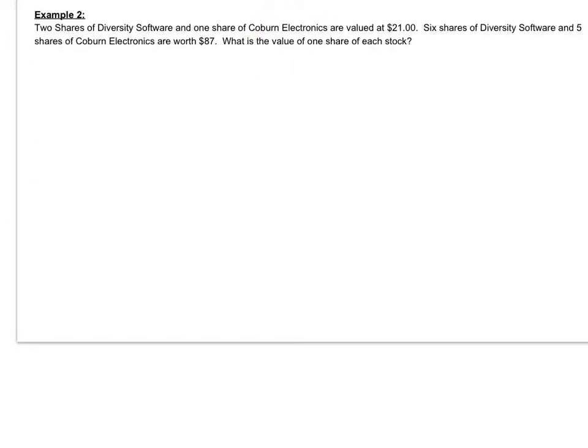In part A, let's write down our variables. So our first variable we can use is for the Diversity Software, and that is going to be D. So let's use D to equal the price of 1 share of Diversity Software.